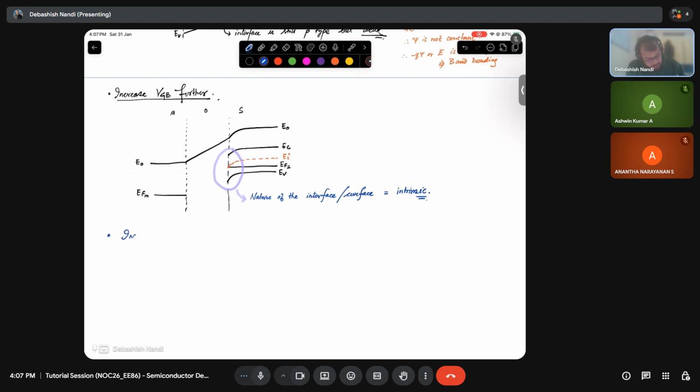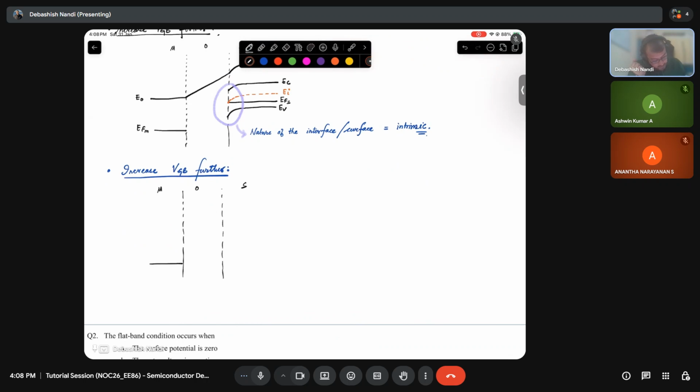Now increase VGB further. We'll quantify this, but for the time being take it qualitatively. In the metal oxide semiconductor, we are increasing this gap.